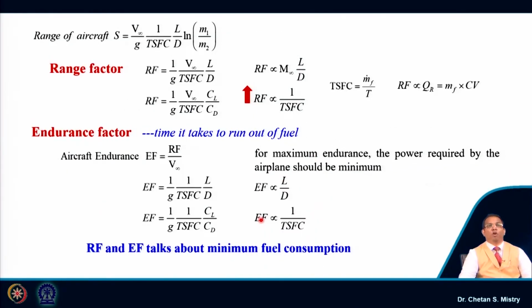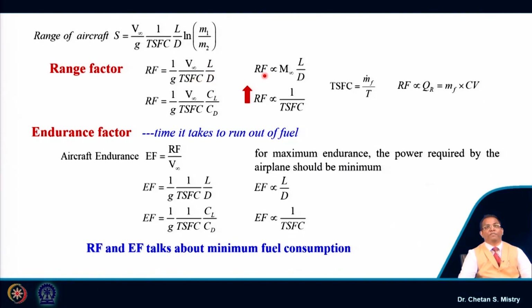Now, after having all this idea, the next formulation says my range factor. Once I know the range of my aircraft, the next parameter that comes is the range factor, which is represented by this equation.